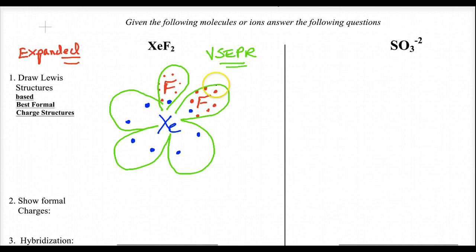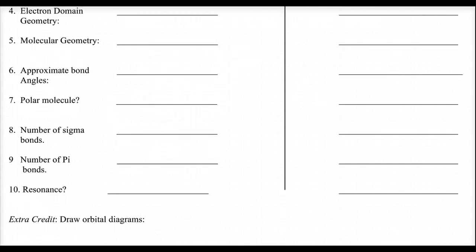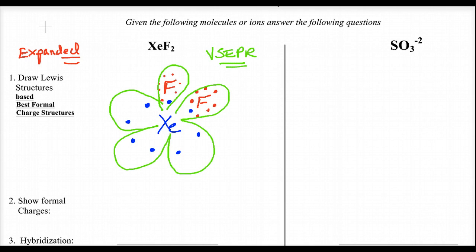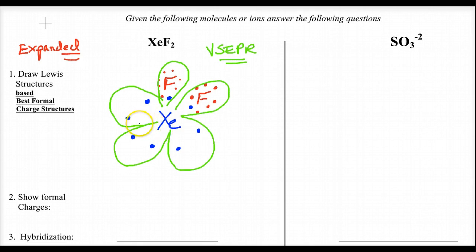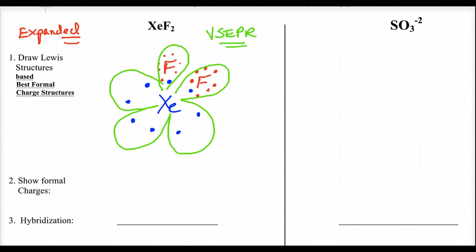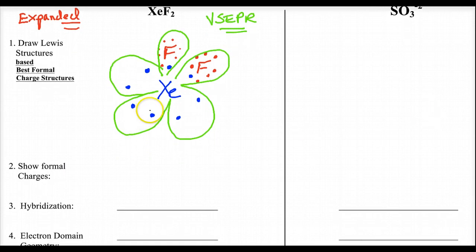The shape of where the electrons are is determined by whether these pairs of electrons are all the same size and all the same energy, so they have to hybridize. To figure out the hybridization, I figure out how many pairs of electrons I have. 1, 2, 3, 4, 5 tells me that I have an s, a p, a sp3d.